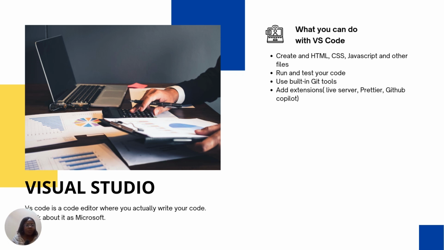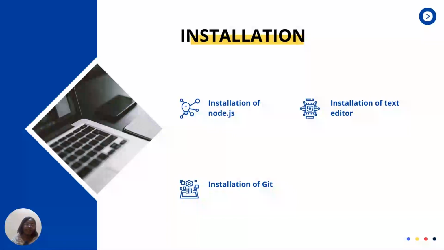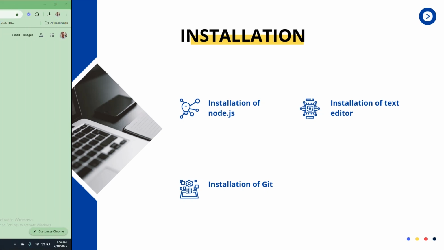And then you need GitHub Copilot. It's an AI assistant that helps you when writing your code. So let's get into the installation properly. First of all, we'll be installing Node.js.